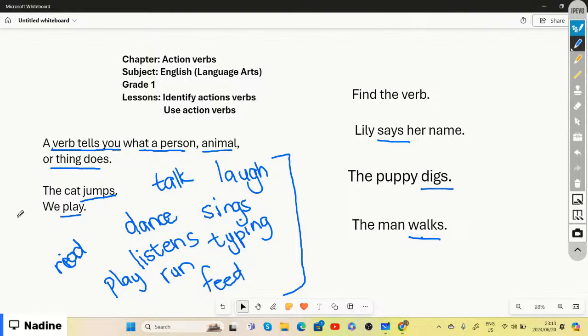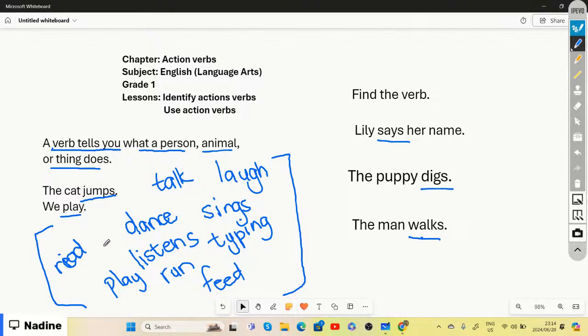If you look at these verbs that we have identified, you're going to have to try and come up with a sentence. So make a sentence with one of those verbs.